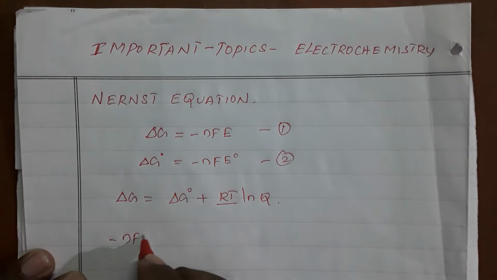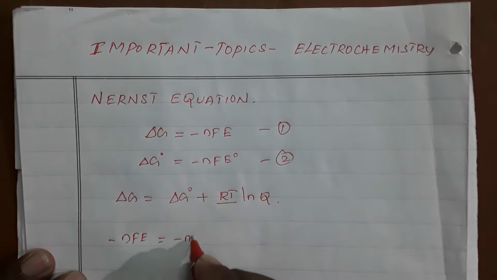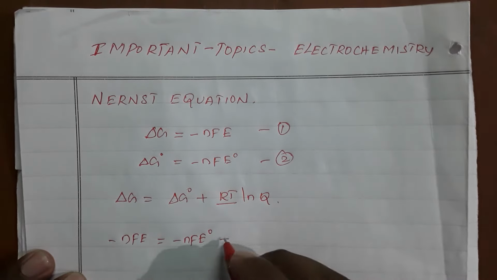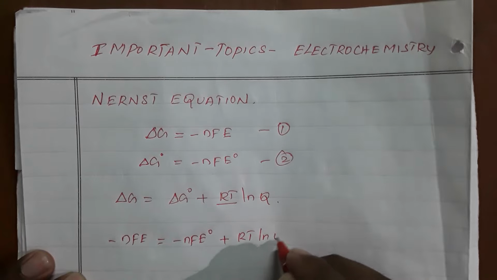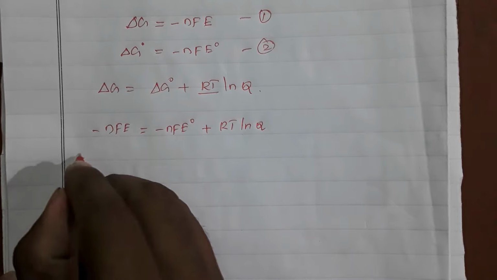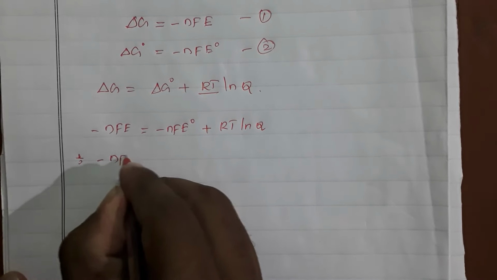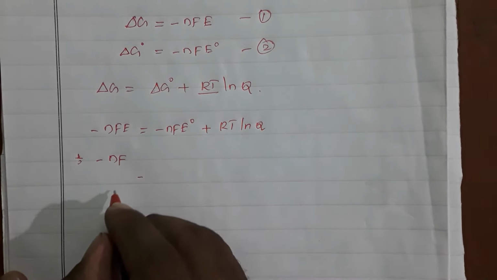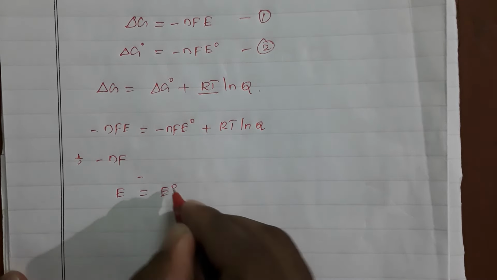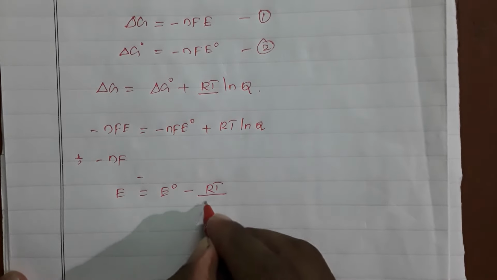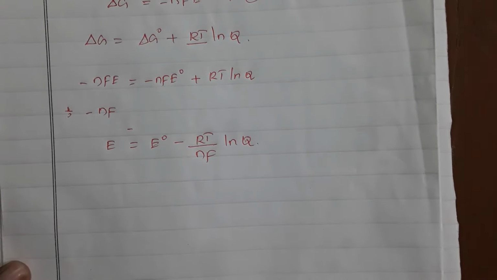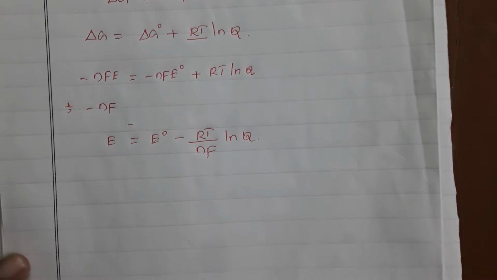Now minus nE is equal to minus nE naught plus RT ln Q. And the next step is the whole equation is divided by minus nF. Then we are getting E equal to E naught minus RT by nF ln Q. By using this equation only, we are going to derive the Nernst equation.